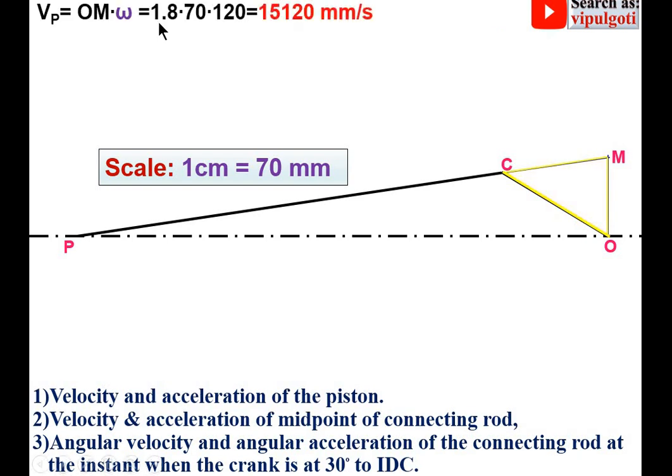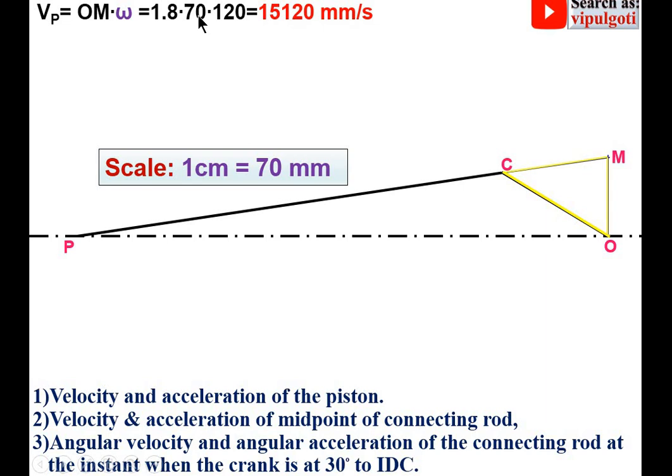So I can put the value over here. Put the value of OM first. You have to measure the length of this OM from the velocity diagram, and that is always in centimeter because of your scale that is with reference to centimeter. So measure it, and that is 1.8 centimeter multiplied by the scale, that is 70 mm.